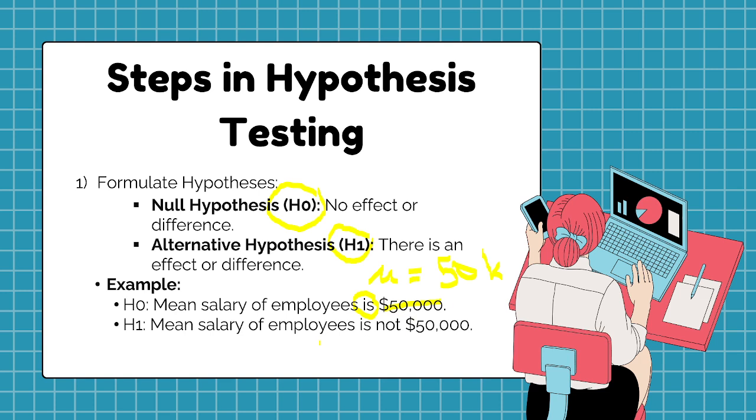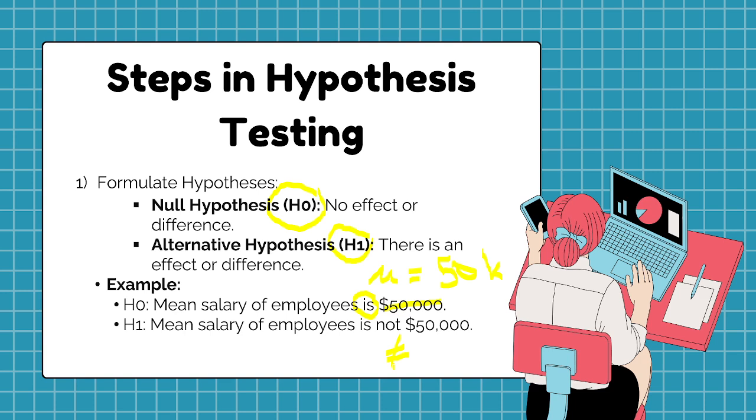For the alternative hypothesis, which is H1, it is not equal, okay? If it's not equal, that means there is a difference. So that's why we have H1 as mu that is not equal to 50,000.